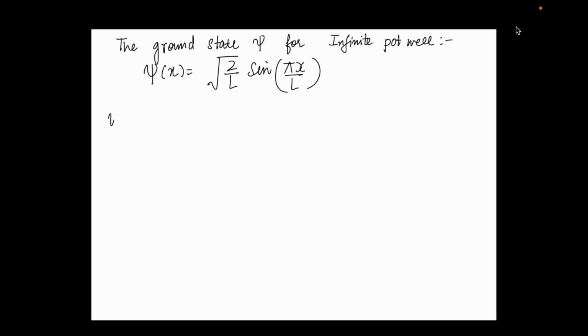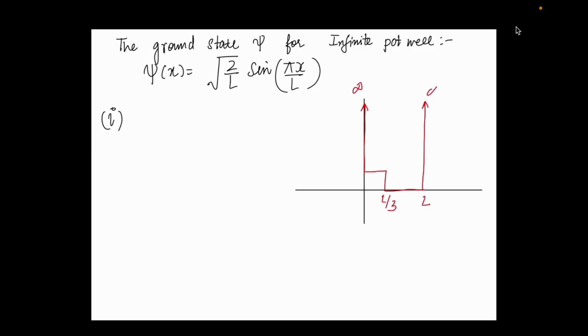Now let's consider case 1 first, where you have the potential like this. You have a V naught potential in 1/3 of the size of the well. So this is L by 3, this is L, and here it is infinity, infinity, and here it is V naught.